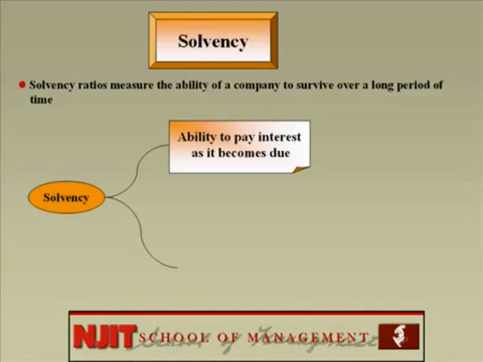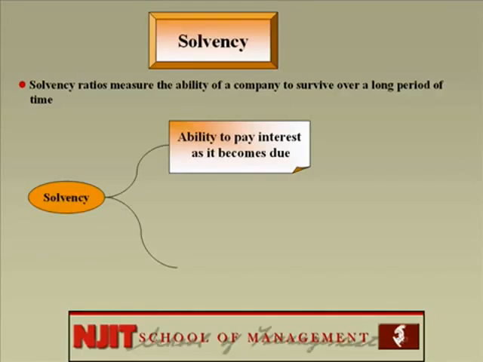If a company cannot pay interest when it becomes due, creditors, the chances are, will call in the loan and demand immediate repayment. That will definitely jeopardize the company's survival.